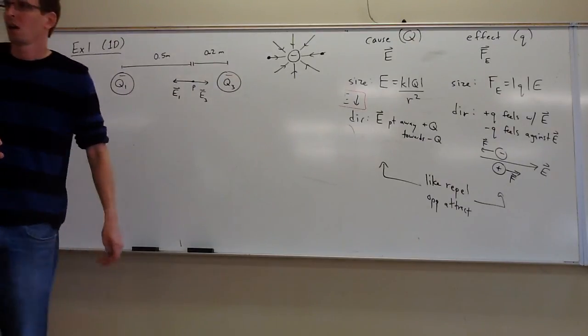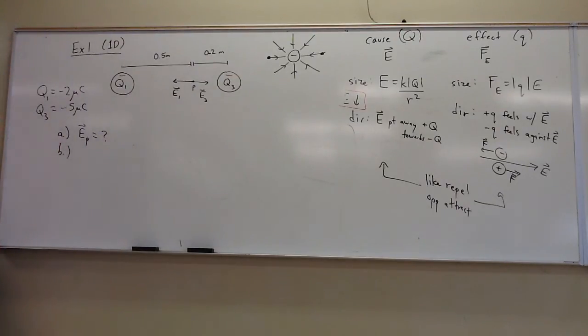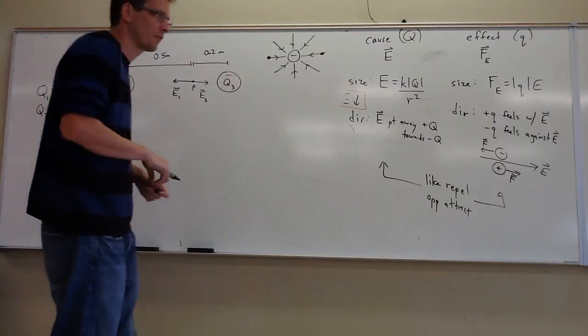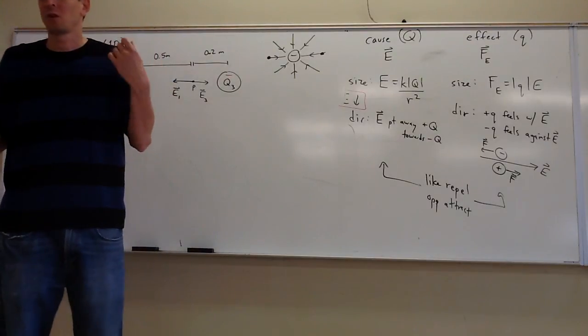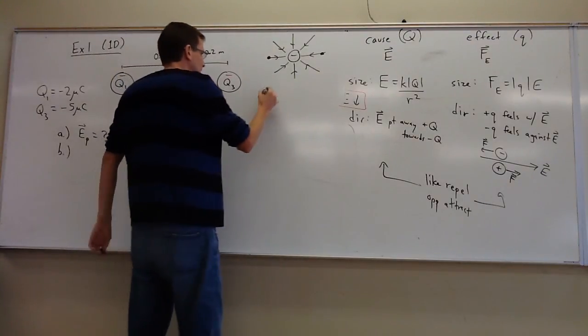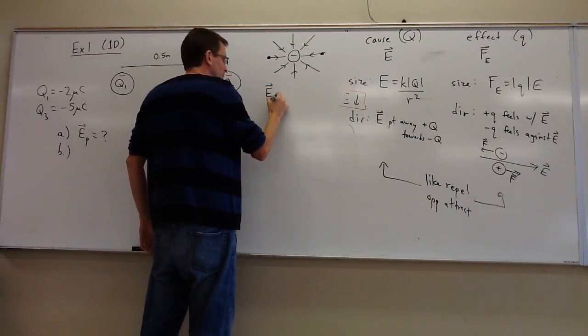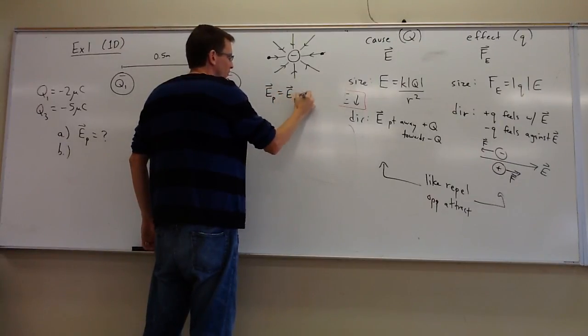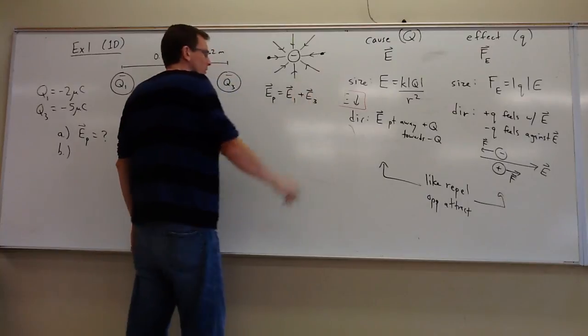So here we get to something, there's a fancy word for this, it's called the principle of superposition. That's not really necessary, but you may hear the nomenclature sometimes. It basically says that the overall electric field at point P will be the vector sum of all the charges in the neighborhood.